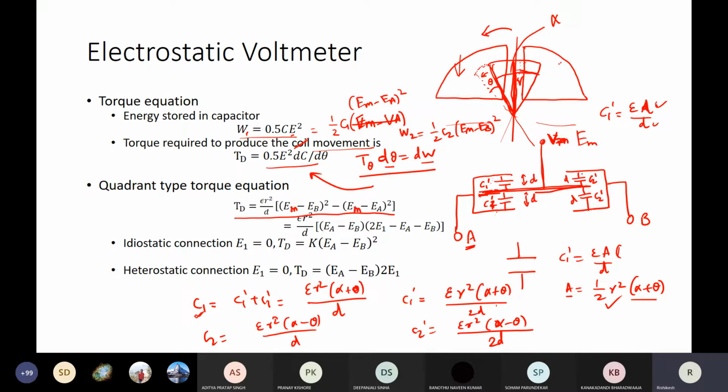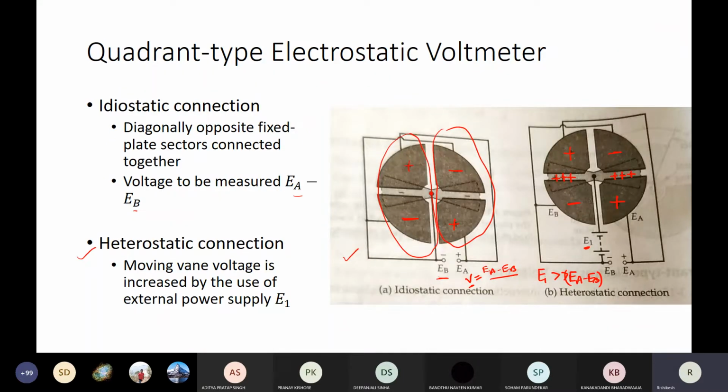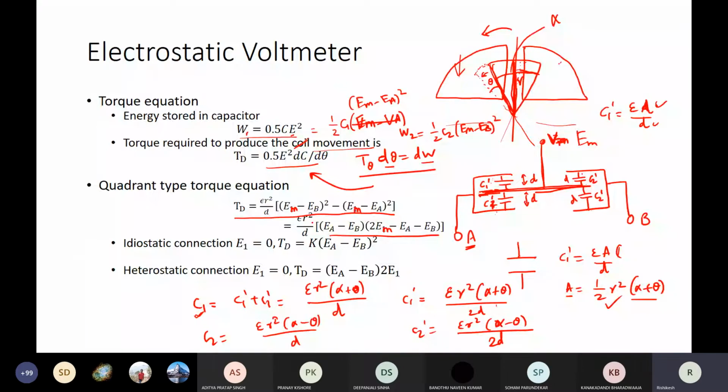Now, if you simplify this one, you will get this expression. So let me again replace this EM. If you simplify this expression further, EM square minus EM square will get cancelled and you will get this expression. One more thing I must mention here: the torque which comes out is epsilon r square by 2d into this expression.